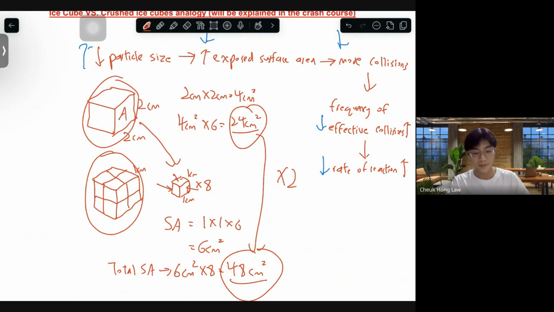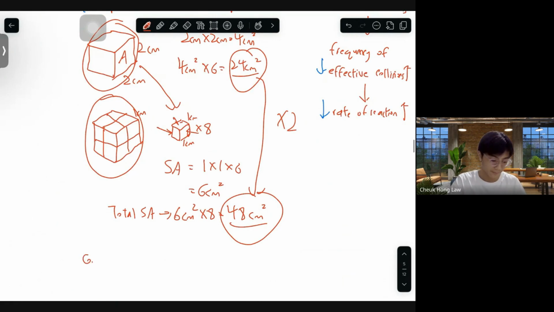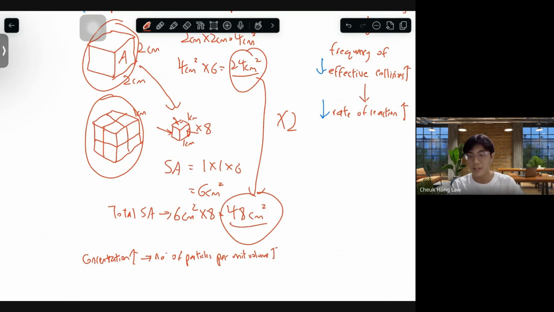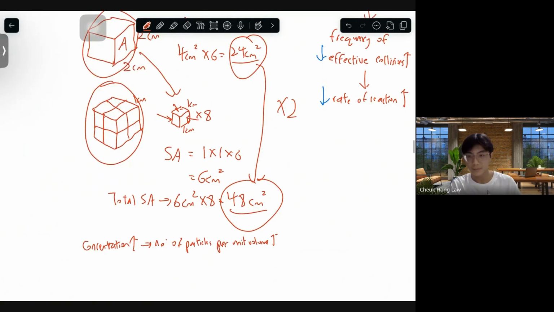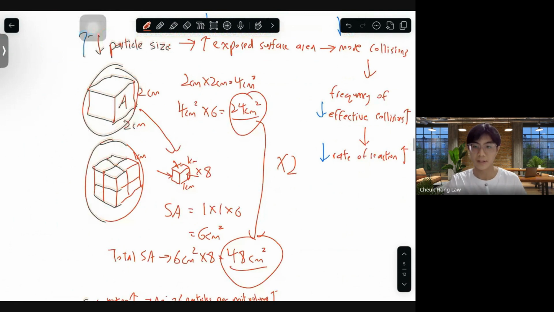That's why particles can collide with the more exposed surface area, so there are more collisions. Usually, if you want to say more particles, we talk about it using concentration. Concentration increases, then number of particles per unit volume increases. But we never only say that particles increase. So remember for particle size, just talk about exposed surface area.